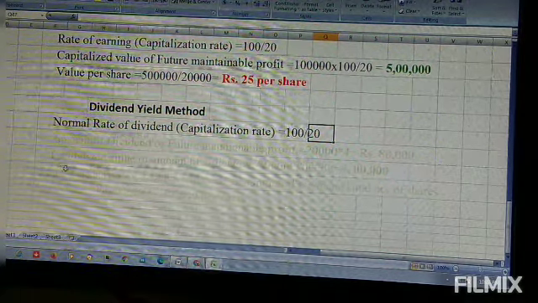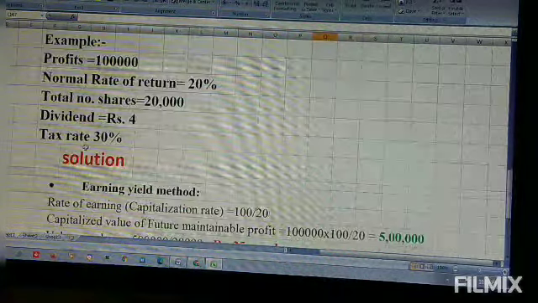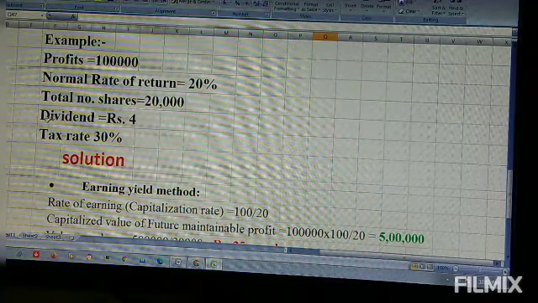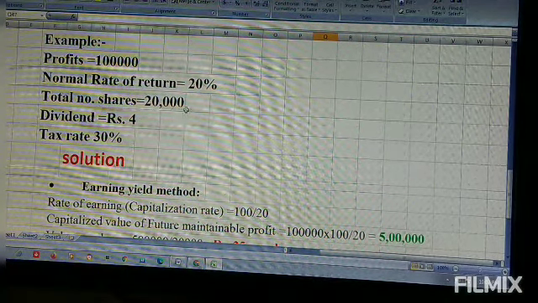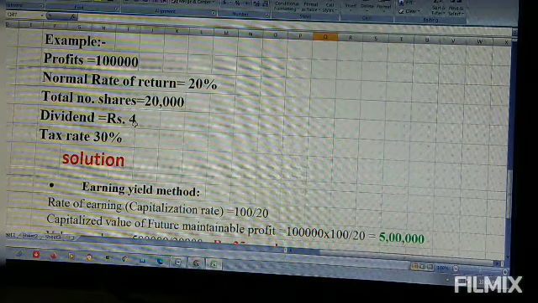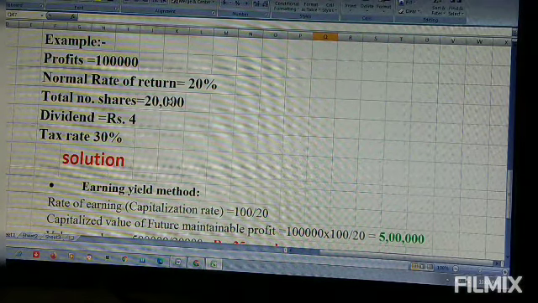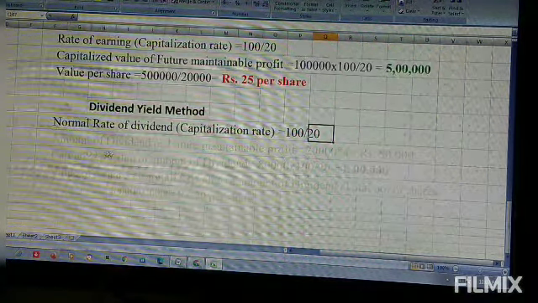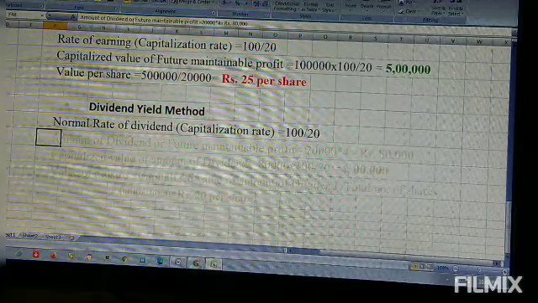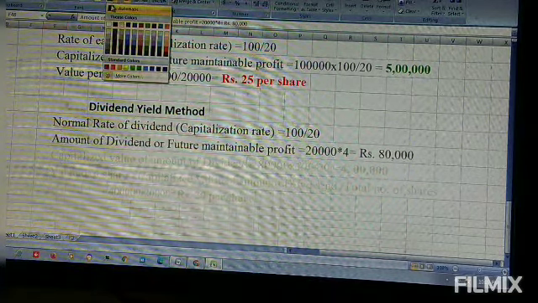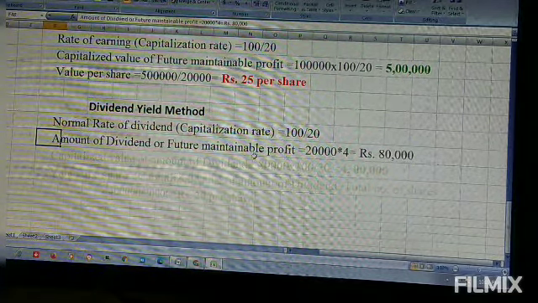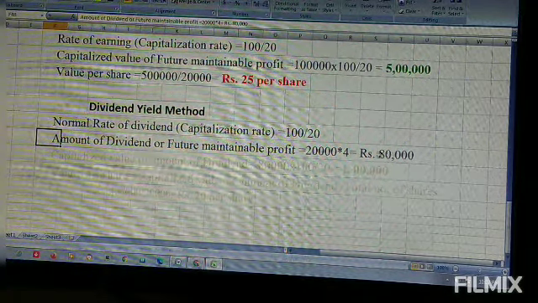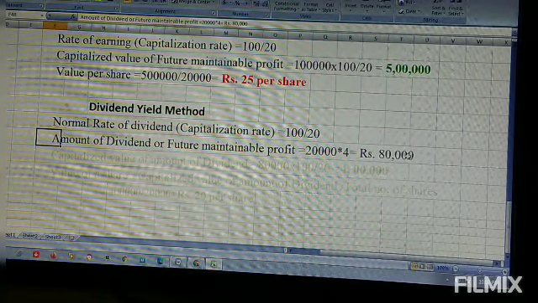Now, what amount of dividend are they giving? Total number of shares are 20,000. In the problem you can see the dividend per share is rupees 4. So 20,000 into 4 is 80,000. It is the total dividend paid, the amount of dividend or future maintainable profit as per this method.